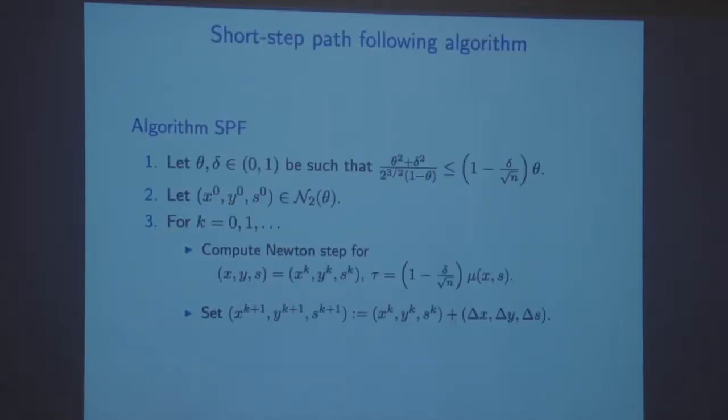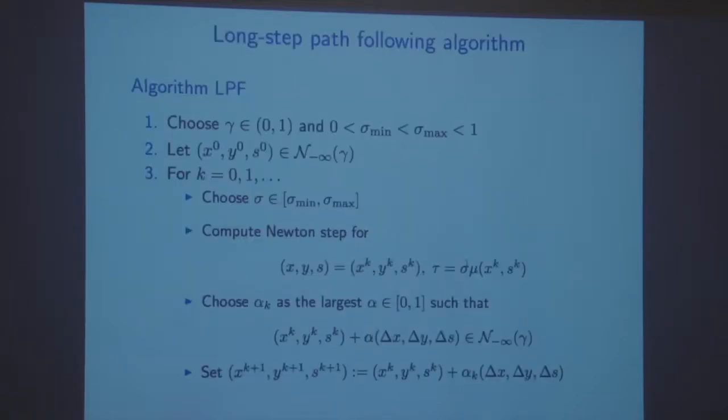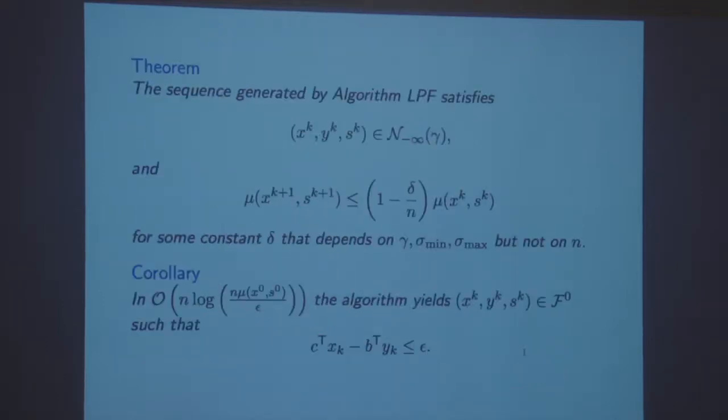In the short step, we take exactly a unit length Newton step. By contrast, in the long step, we have to do some kind of line search here to stay in the neighborhood. And then the theorem is very similar. The iterates are guaranteed to stay in the neighborhood, and the mu is guaranteed to decrease.